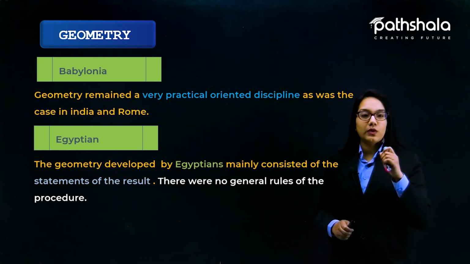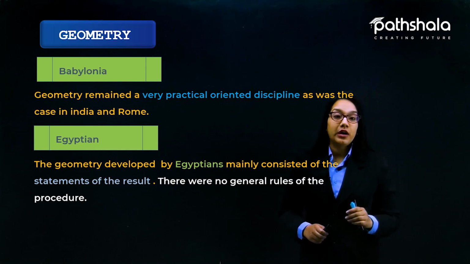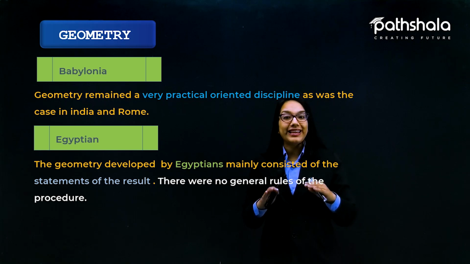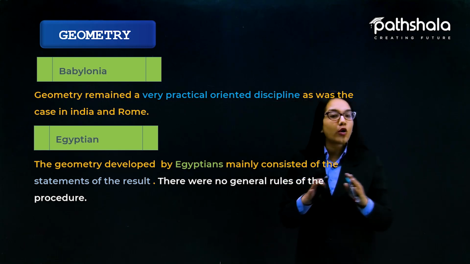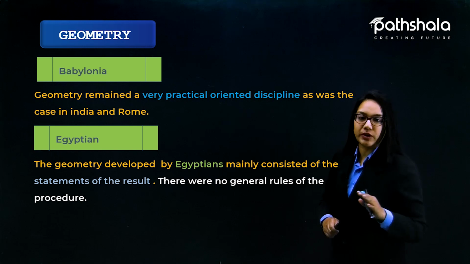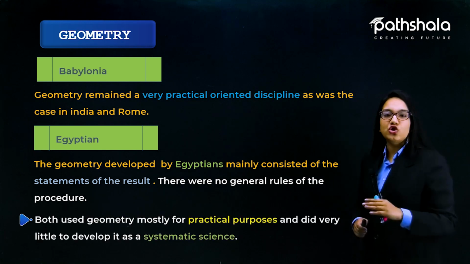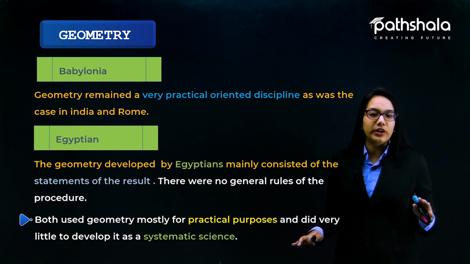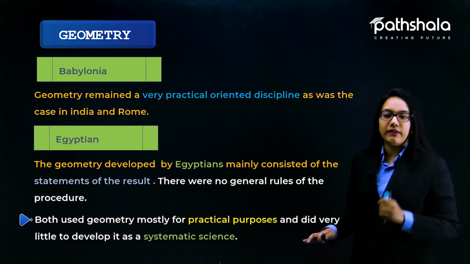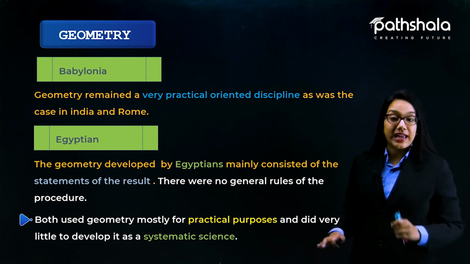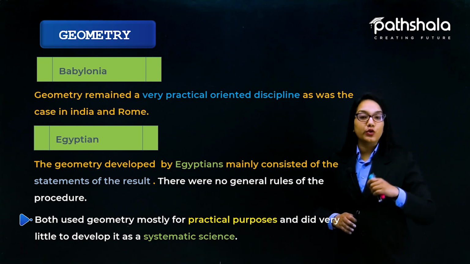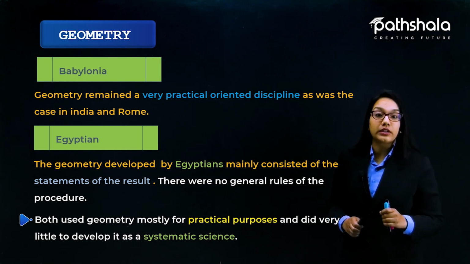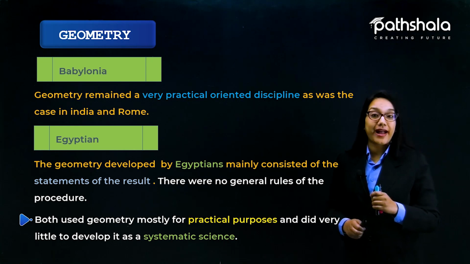There was no general use of procedure. Both used geometry mostly for practical purposes and did very little to develop it as a systematic science.